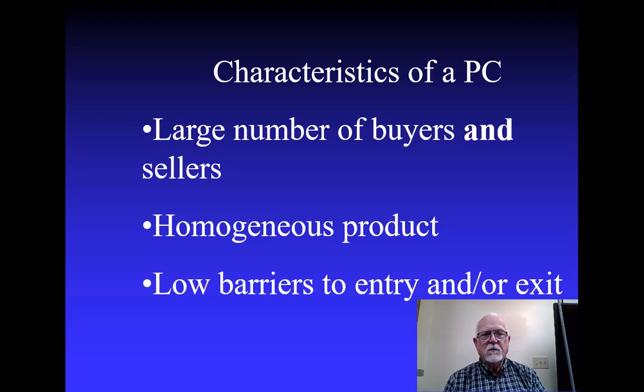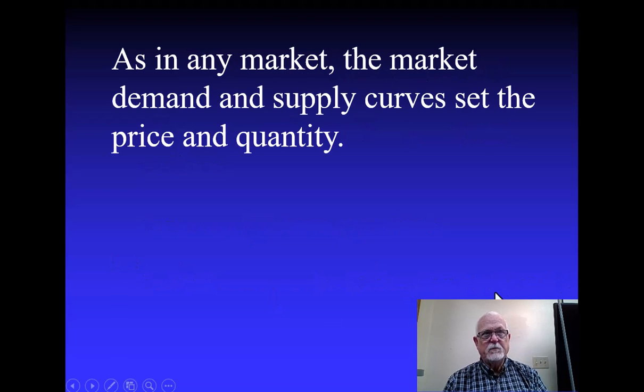Now, I know there's lots of varieties of wheat, but basically wheat is wheat. And so farmer A's wheat's going to be about the same as farmer B's and C's and so forth. So that's what we mean by homogeneous product. Then there's also low barriers to entry and or exit. In other words, firms, businesses can easily get into this market. They can easily get out.